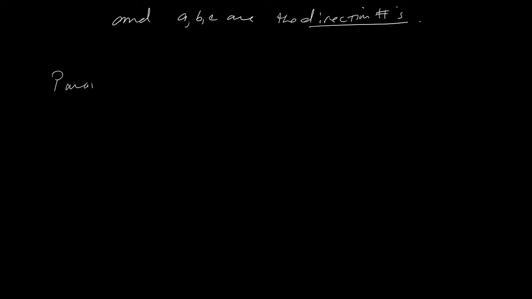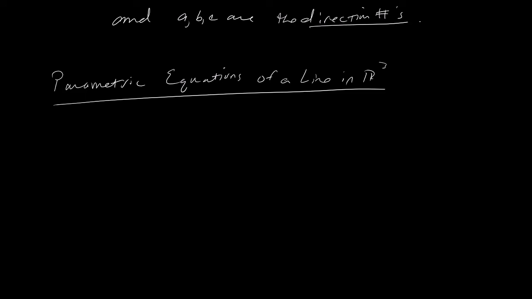So parametric equations of a line in R3. Okay. So our parametric equations of a line in R3 are going to be defined by some parameter. So we're going to use parameter t to define x, y, and z.